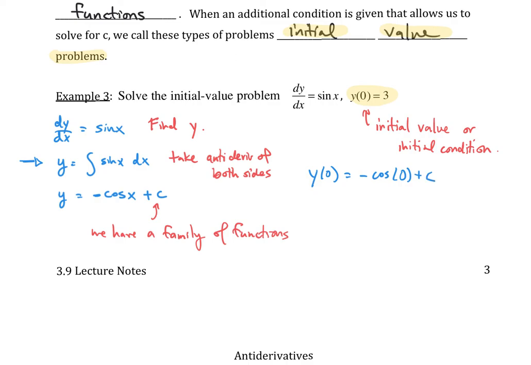My goal is to solve for c. The left-hand side equals 3, which is the initial condition, and cosine of 0 is 1. So this is negative 1 plus c. When I solve for c, I get that c is equal to 4. So the solution to this initial value problem is y equals negative cosine of x plus 4.